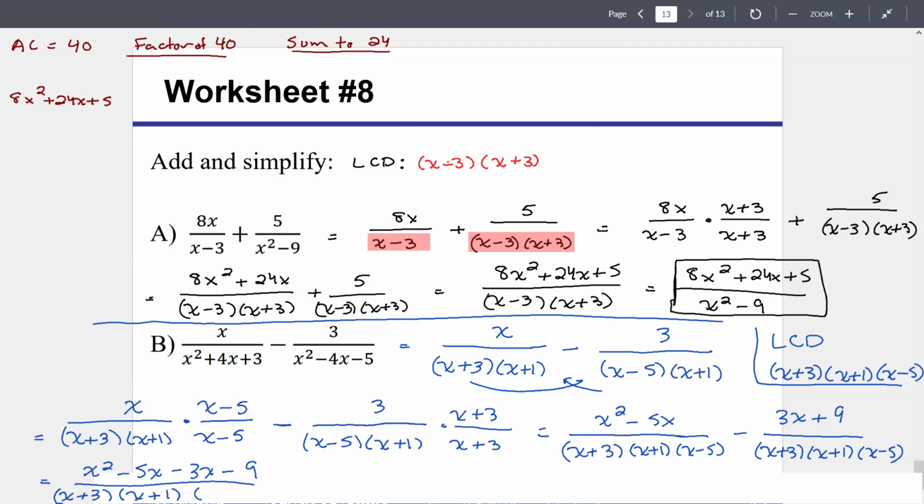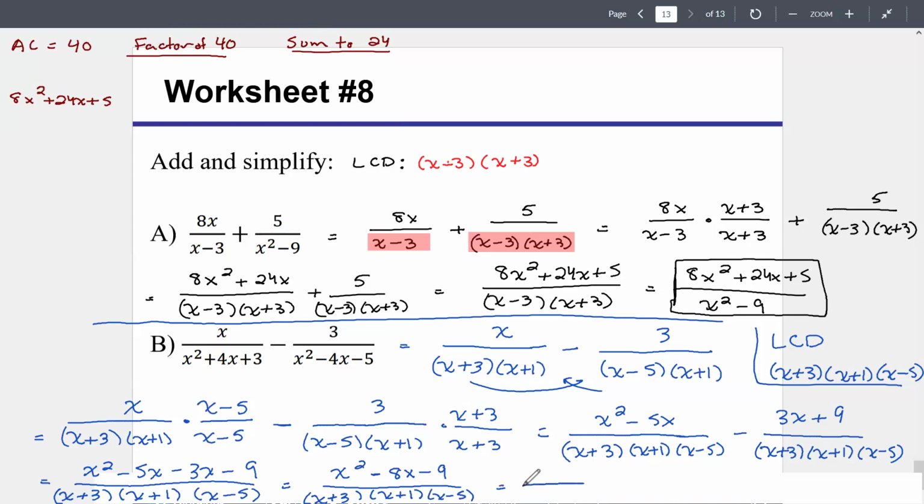And they have that same denominator, so we're going to have that denominator of (x plus 3)(x plus 1)(x minus 5). So on the top we have x squared minus 5x minus 3x, so minus 8x, minus 9, over (x plus 3)(x plus 1)(x minus 5).